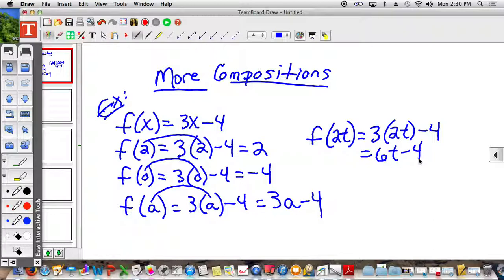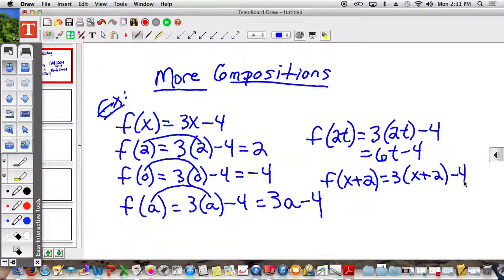All right, what about this? F of, let's do x plus 2. F of x plus 2. So you rewrite the function, but instead of writing x, you're going to write x plus 2. So you're going to do 3 times x plus 2 minus 4.